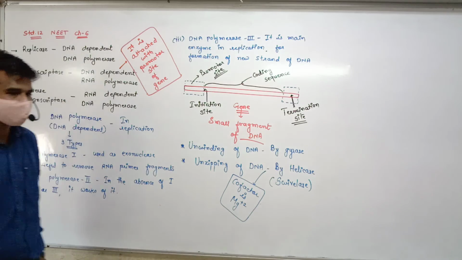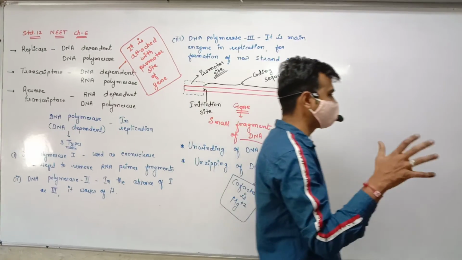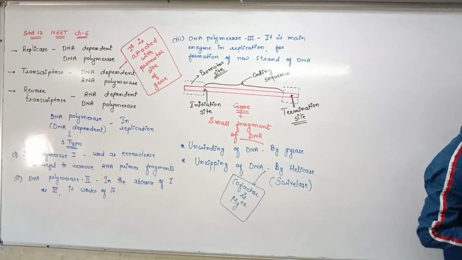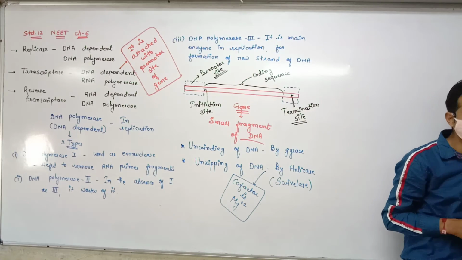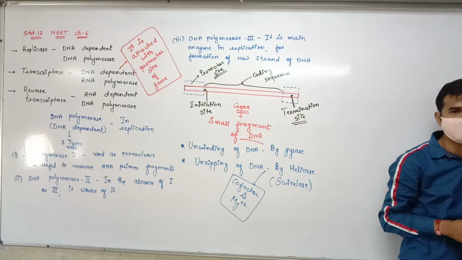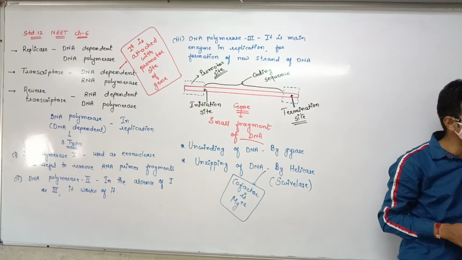Okay, now listen carefully. On both the template strands, what is the function of the template strand? It provides the genetic information in coding manner for the formation of the new strand of the DNA.